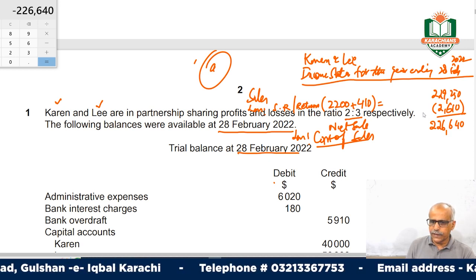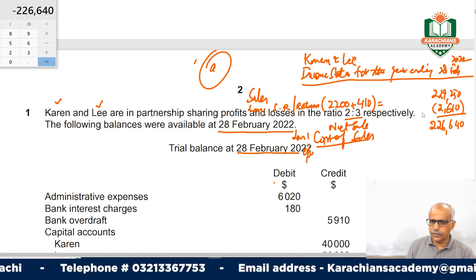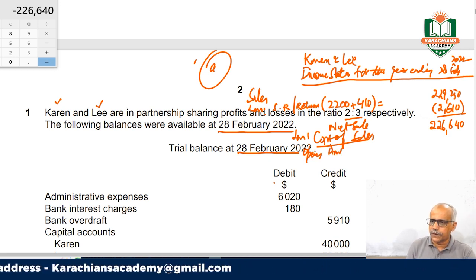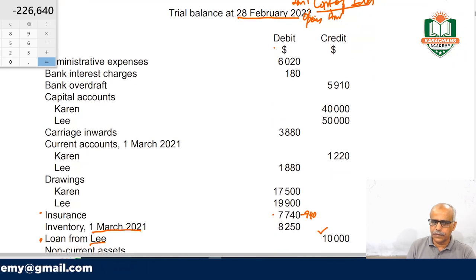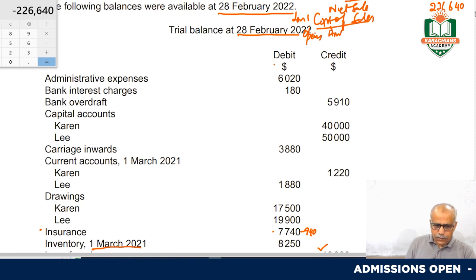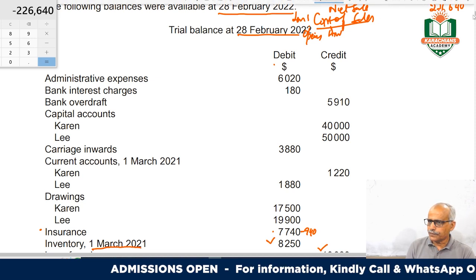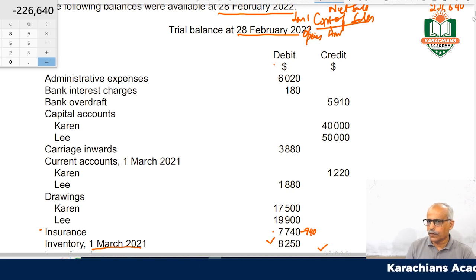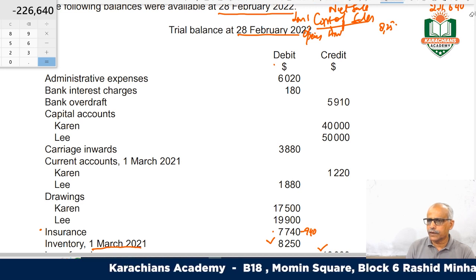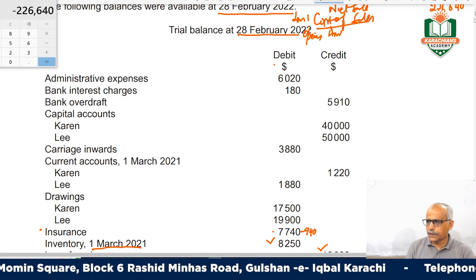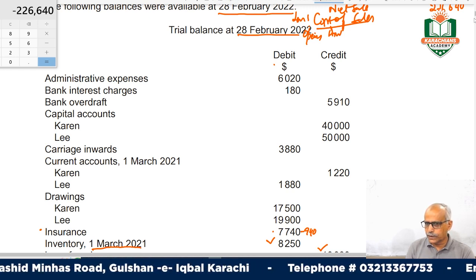So opening inventory. How much opening inventory is given? Opening inventory given is 8,250. I'll write it here, 8,250.